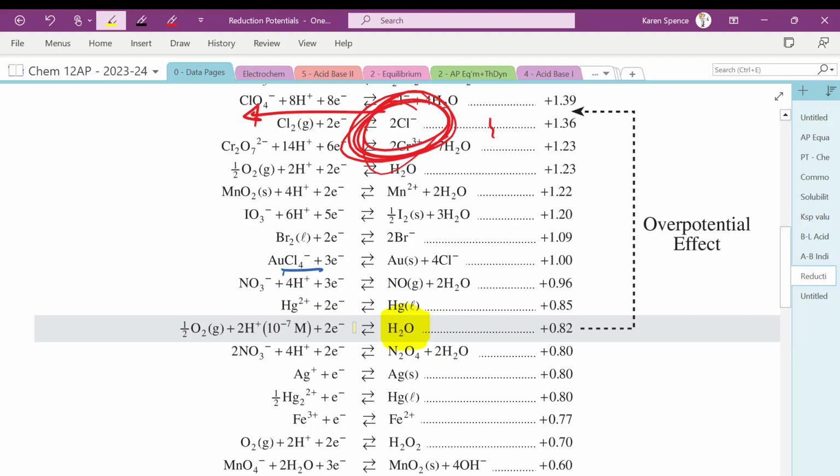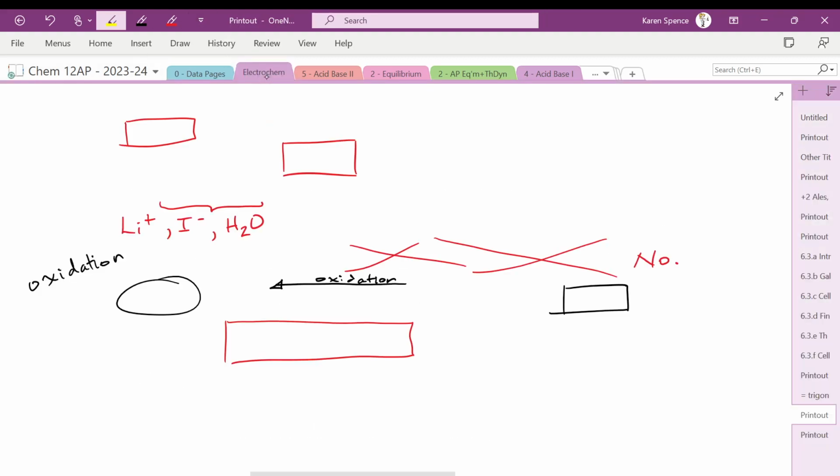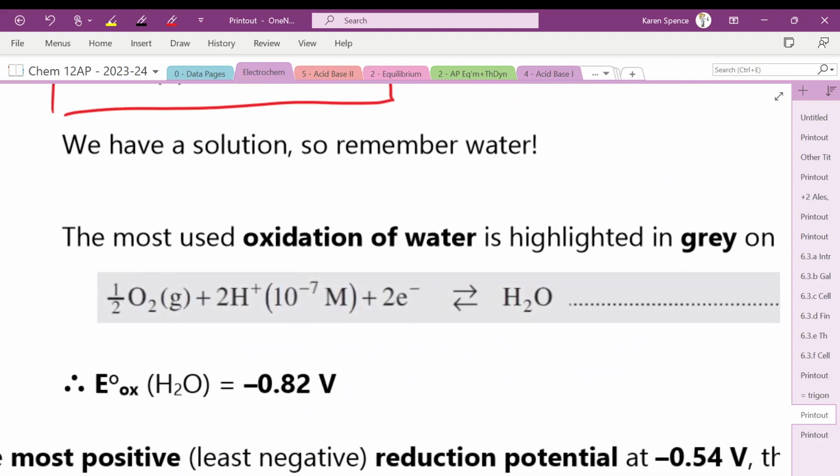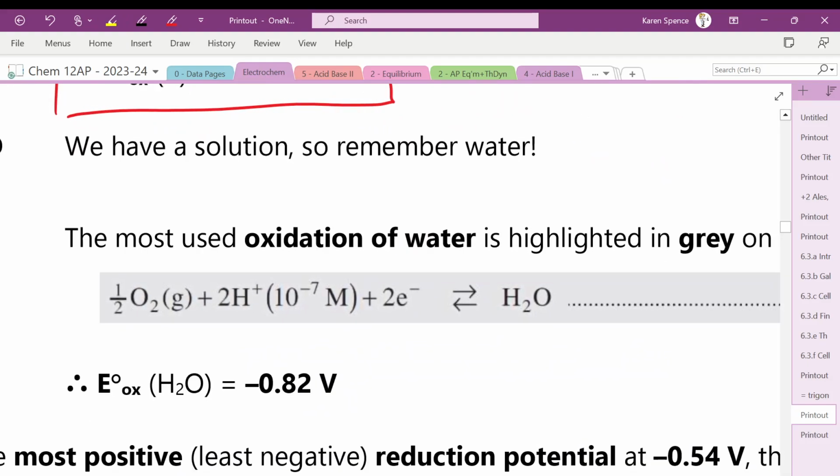What are we producing when water is oxidized? We're producing oxygen, which is a gas. So what would you see? You would see bubbles if water is the thing being oxidized.